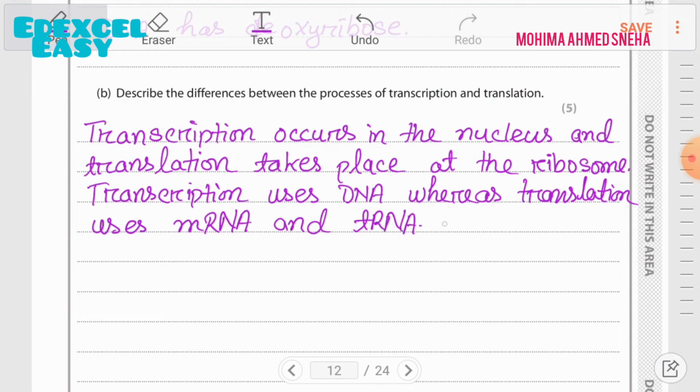In transcription, DNA unzips and in translation, anticodons bind to codons.